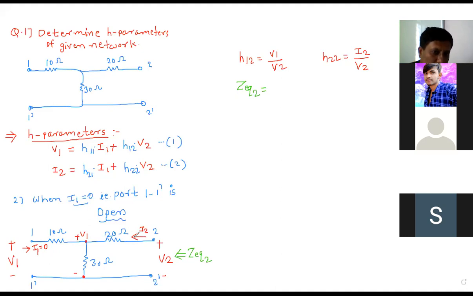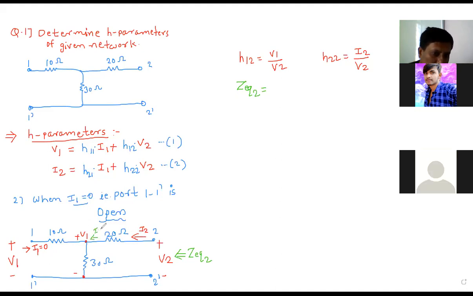Because the current I2 comes up to this point, and after that it cannot go there because it is open. So I2 flows from here as well. I1 is 0, so I2 flows like this. It will come up to this point, and after that the same current will flow through 30. If the same current is flowing through 20 and 30, it means 20 and 30 are in series.